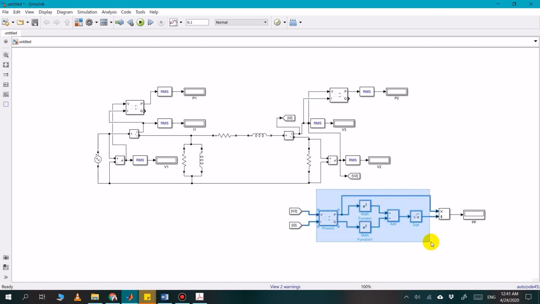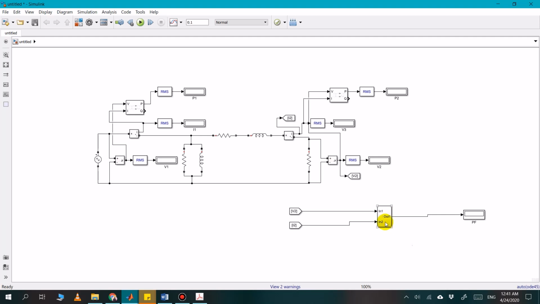You can make a subsystem. Power factor block. So this is how we created our own power factor block.